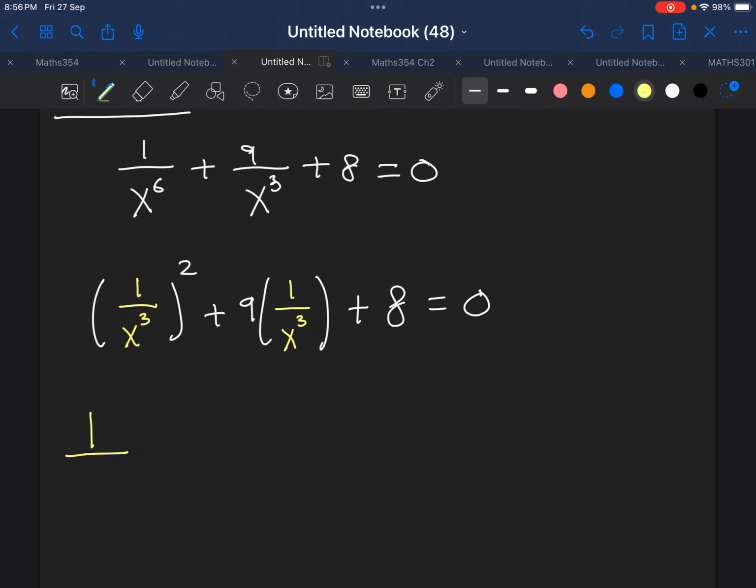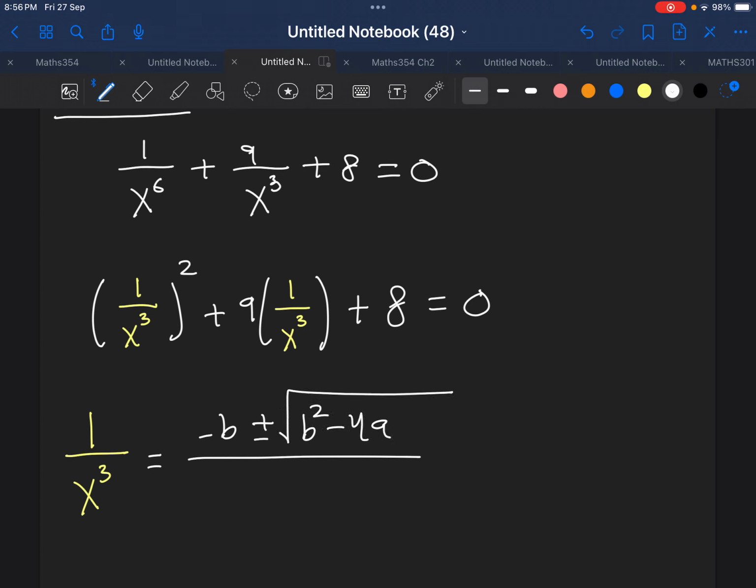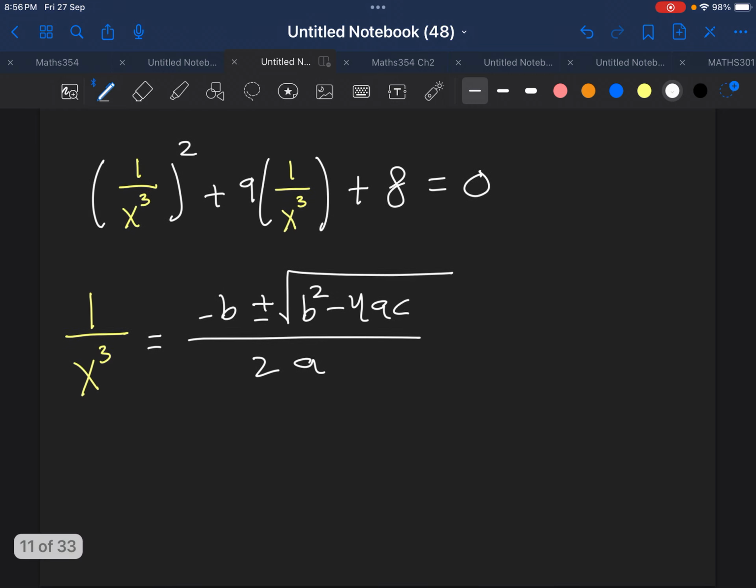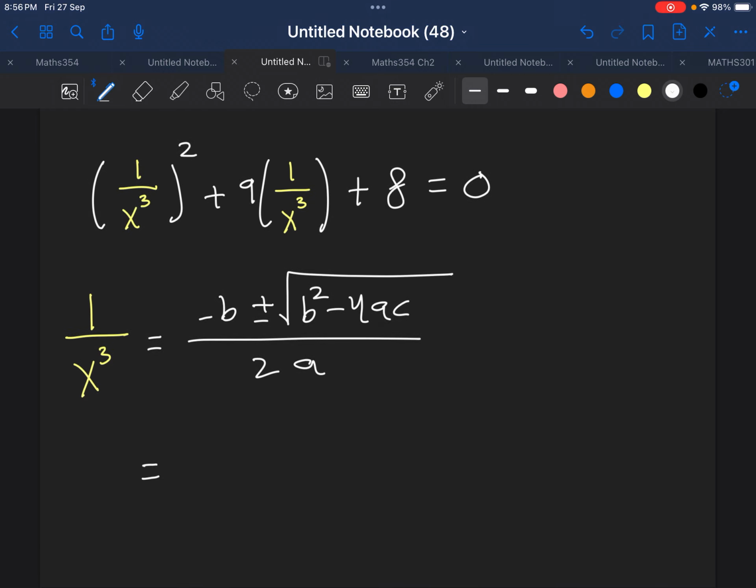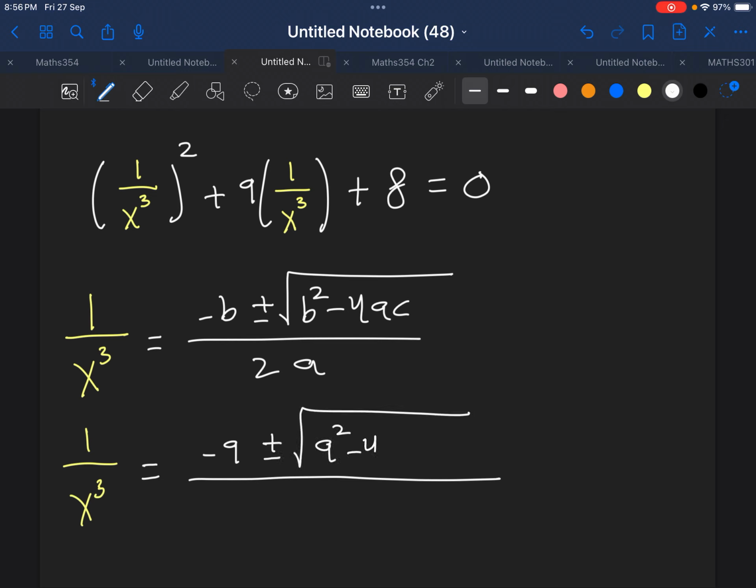How are we going to solve it? We will solve it the same way. The thing in yellow equals negative b plus or minus square root of b squared minus 4ac, divided by 2a. Now all we need to find is the numbers a, b, and c, and those will be negative 9 plus or minus square root of 9 squared minus 4 times 1 times 8 for ac, divided by 2 times 1.